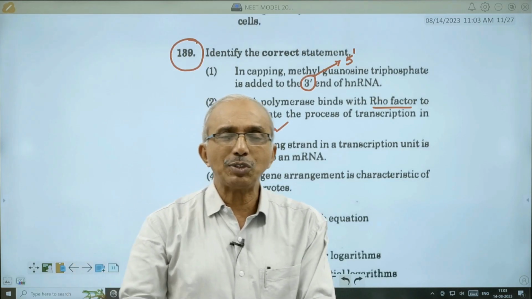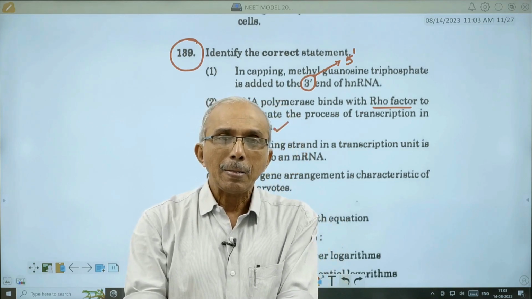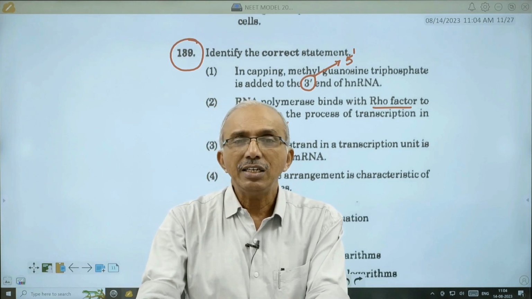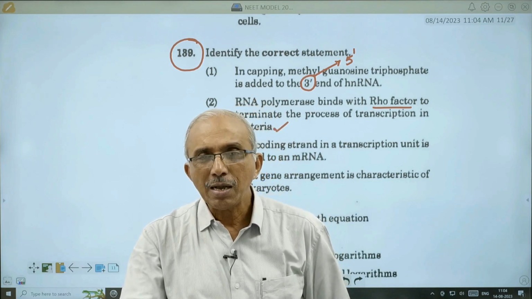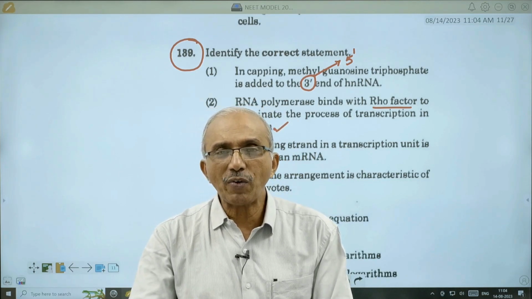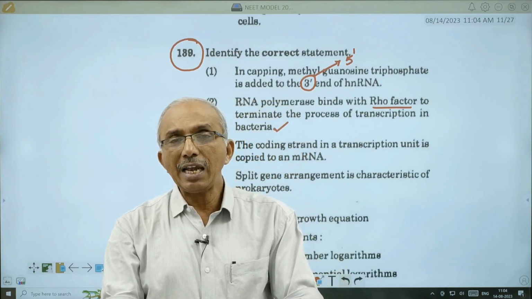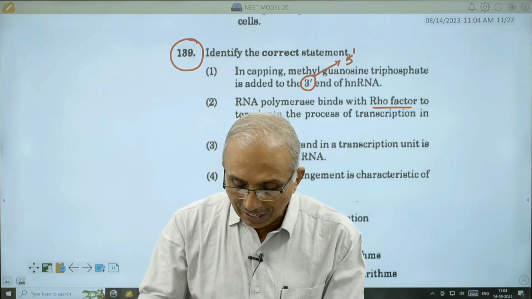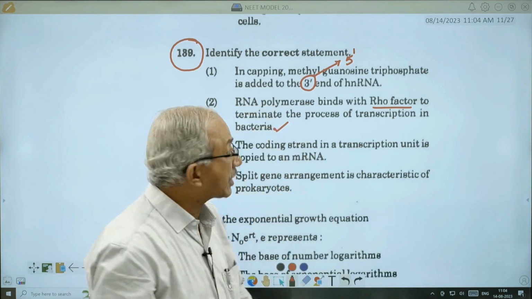To initiate transcription, RNA polymerase binds with the sigma factor. To stop transcription, RNA polymerase binds with the rho factor. So that statement is correct.